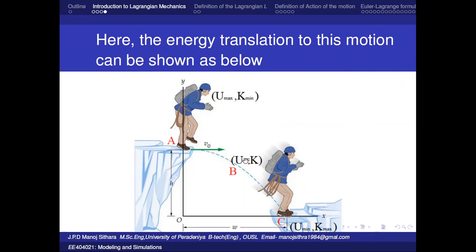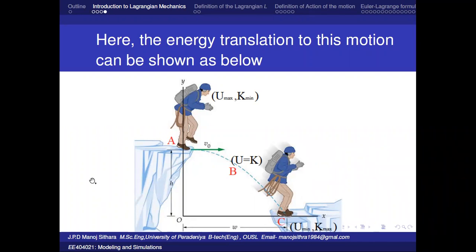At some time after the jump, we will reach a point where the kinetic energy is equal to the potential energy. That means at point B, we have equal kinetic and potential energy, right?